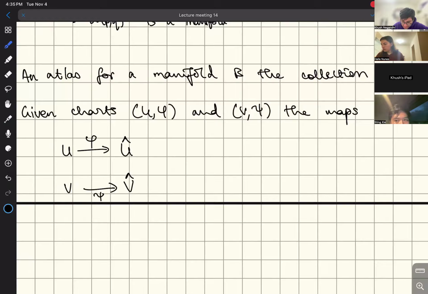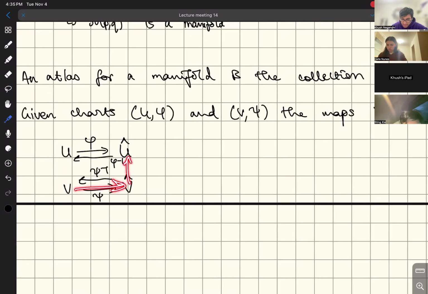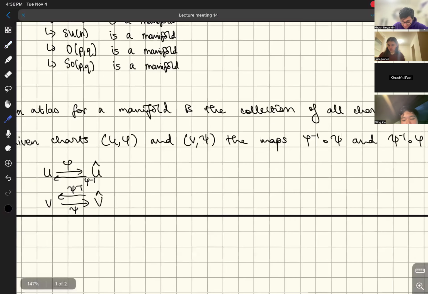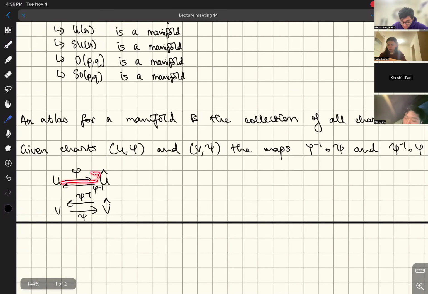Psi inverse goes back this way, and phi inverse comes back this way. So if we compose with psi and then phi inverse, we're going up somehow and then coming over, so we get a map from V to U. Similarly, with psi inverse, you first do phi, come down, and come back, so you get a map like this.